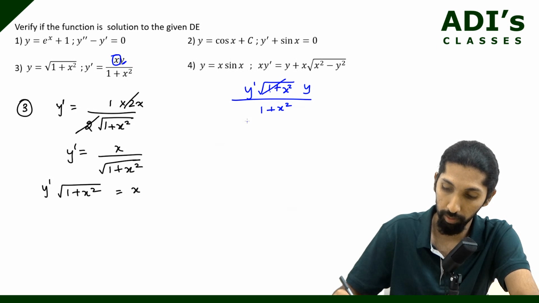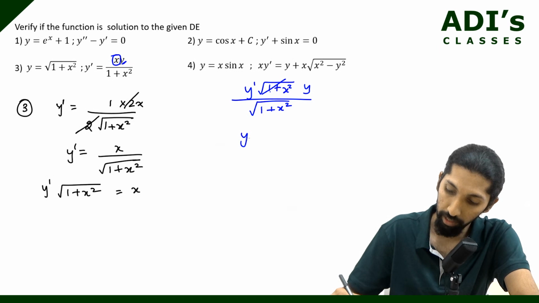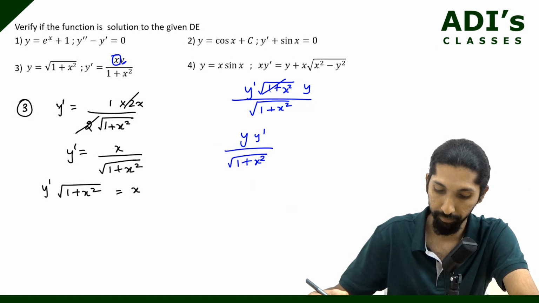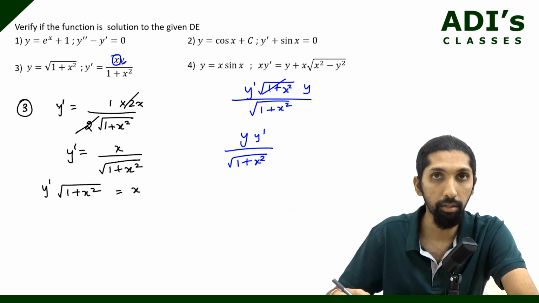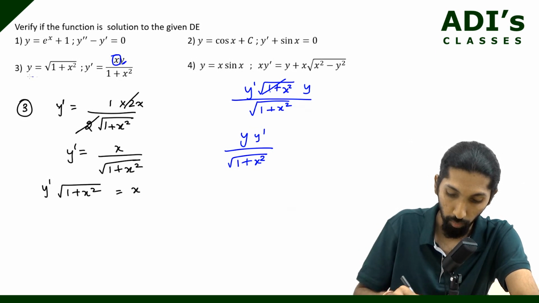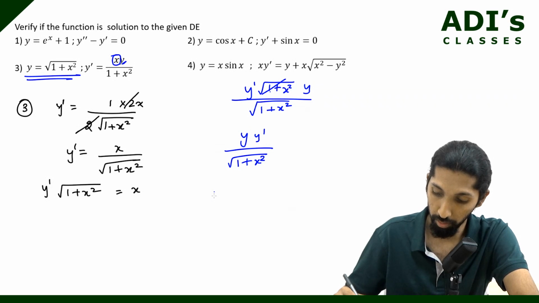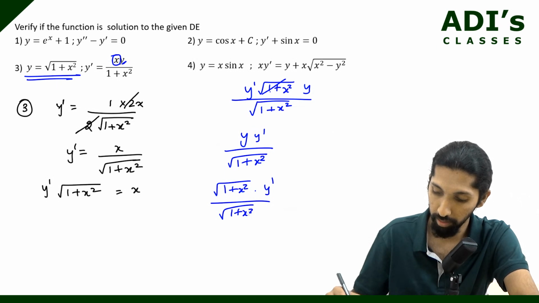Now this root of 1 plus x square and this cancels out. We have y into y dash by root of 1 plus x square. Make sense? What is y according to the question? See the question. y is root 1 plus x square. Substitute. Root of 1 plus x square into y dash by root of 1 plus x square.